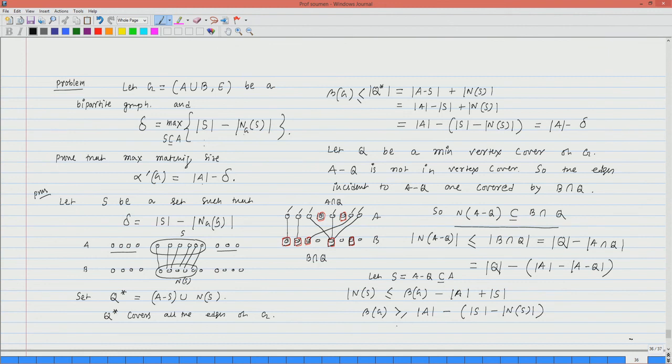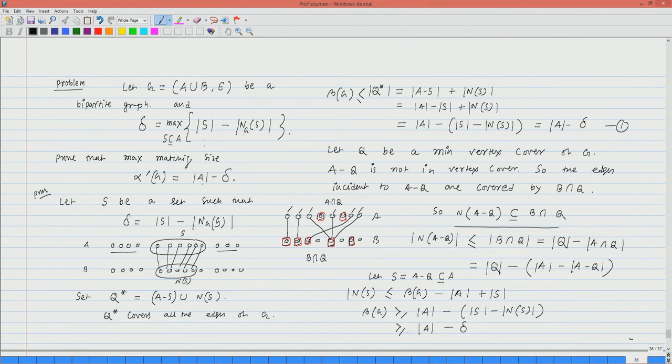And this implies that this is the cardinality of A minus delta, and you note that this quantity we have assumed to be equal to small delta. So, thus what we got at the beginning is that beta g is less than or equal to A minus delta.